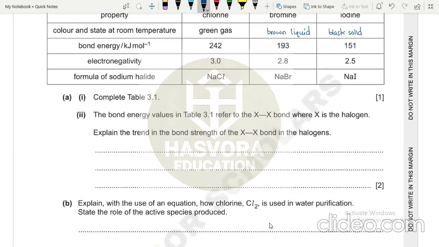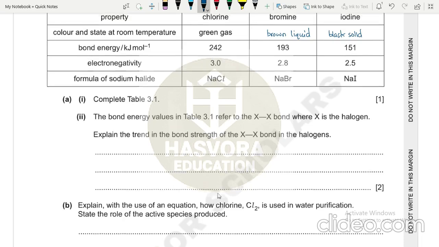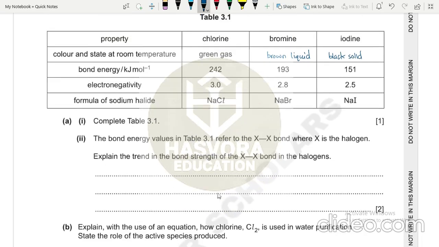The bond energies in table 3.1 refer to the X-X bond, where X is the halogen. Explain the trend in the bond strength of the halogen bond in the halogens. Okay, so if you see, the bond energy is decreasing as we move from chlorine to bromine and then to iodine.